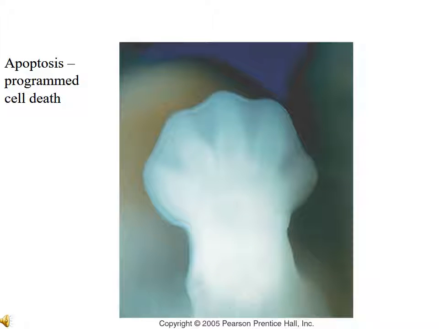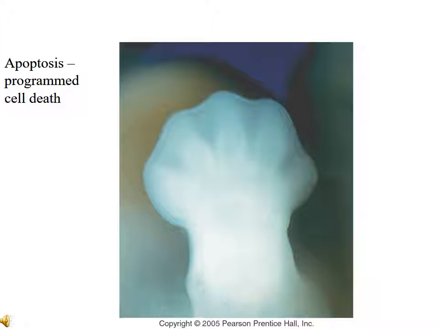So we've discussed a number of processes that control development. Apoptosis, as we said before, is programmed cell death. Here we're looking at an appendage. This could be a human hand that early in the game is webbed. How does this webbed appendage eventually form the hand that we are very familiar with?